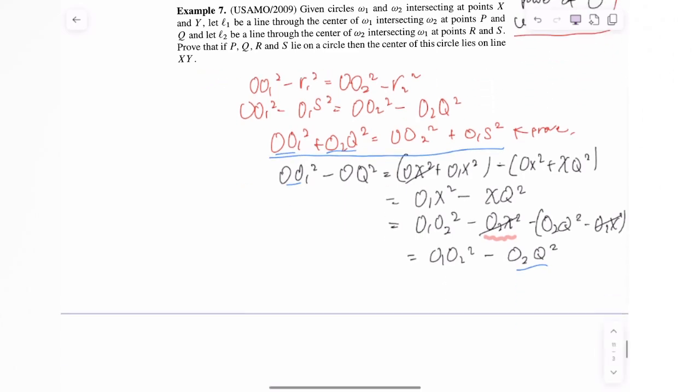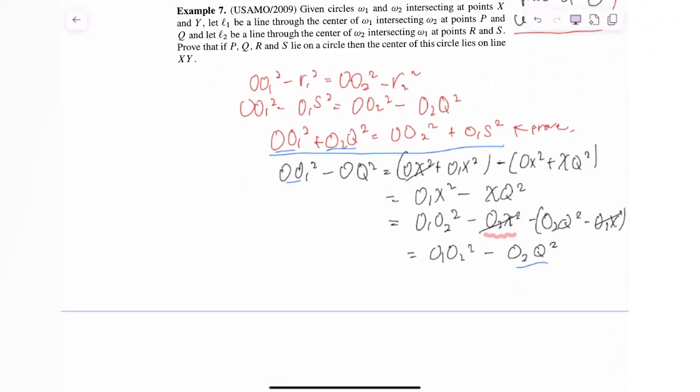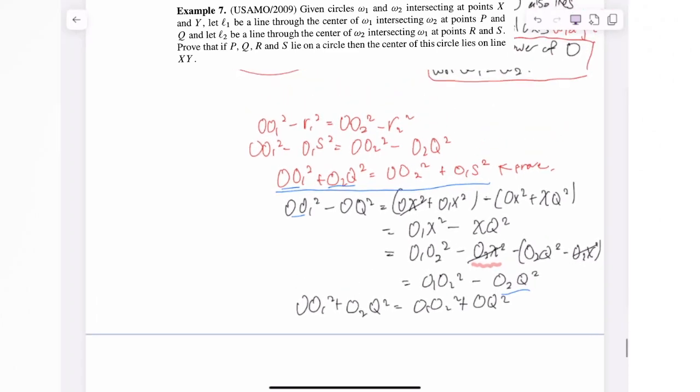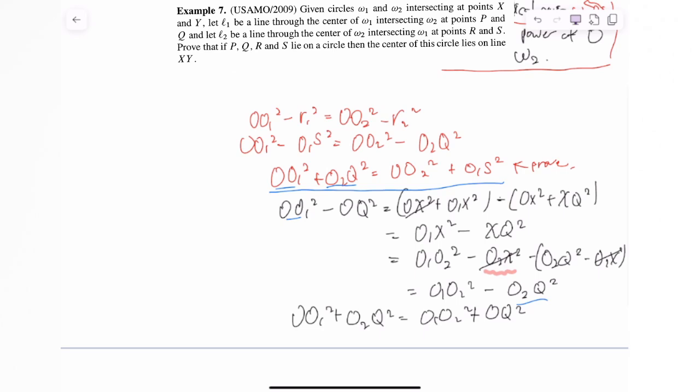So it's very close. Let's just rearrange this a little bit: O1Q squared plus O2Q squared is O1O2 squared plus OQ squared. So it's just the right side that's a bit wonky.